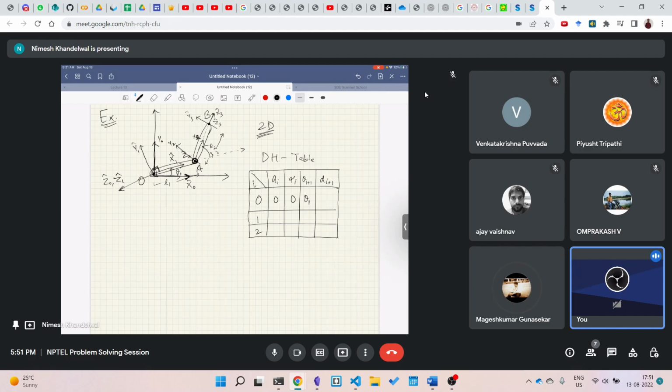What is d? d is the displacement. d_i plus 1 is the distance between x_i plus 1 and x_i along z_i plus 1. Is there any distance between x1 and x0? No, there is no distance, so it should be 0.